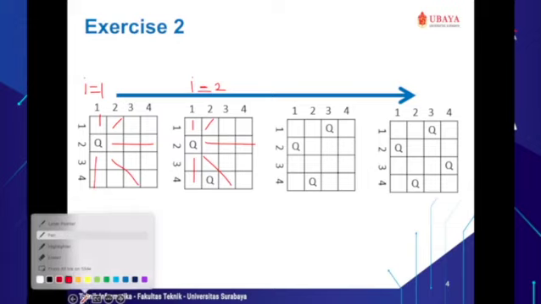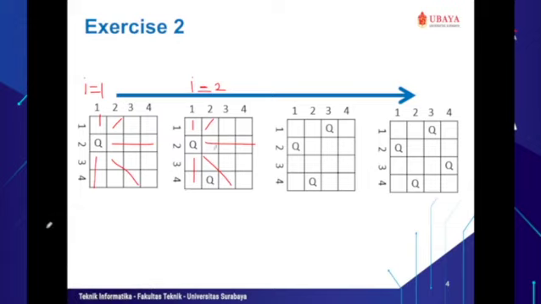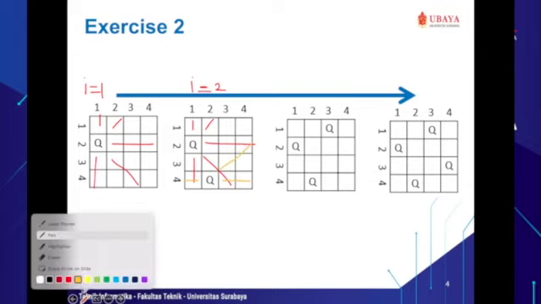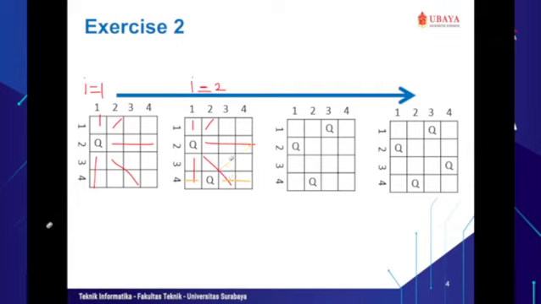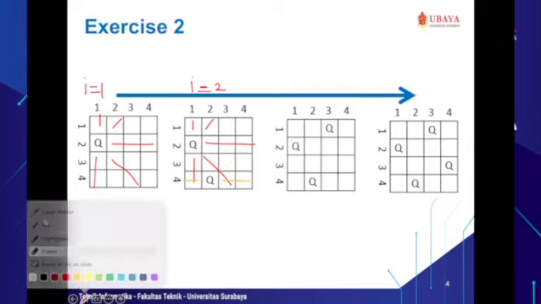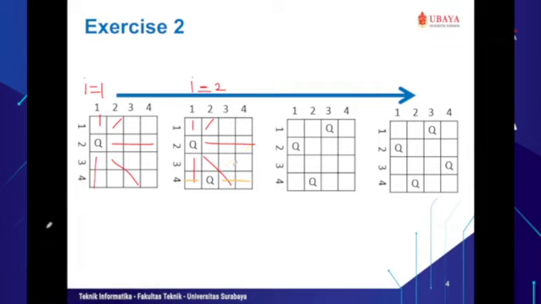If this is the case, then we will not be able to place any other queen on this line, the one marked with red and also orange. You will see that we will have a very limited option to place our queen.